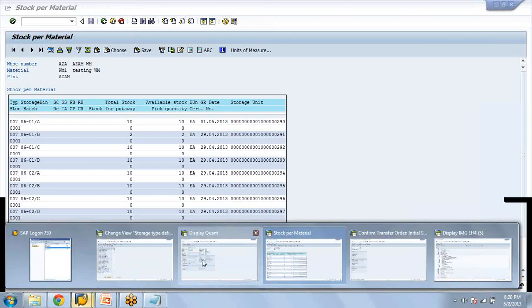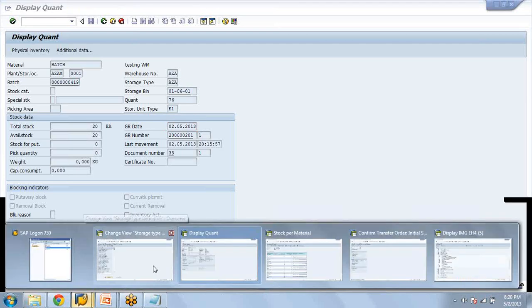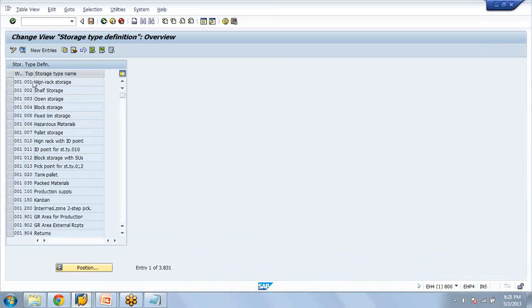Since the GR date is always the same, you don't know which has come later. So how do we identify which material we received first? That is what I am saying. That is why you should be careful while defining the put away strategy.